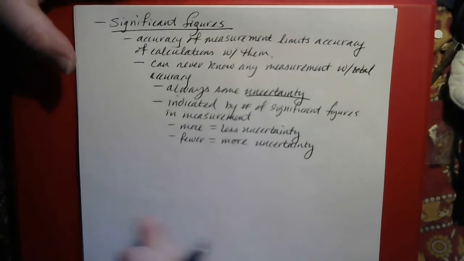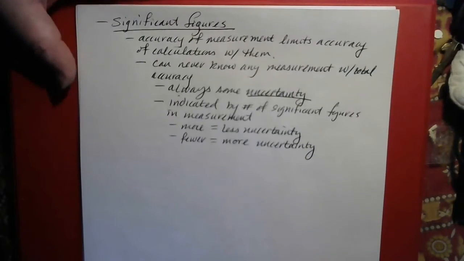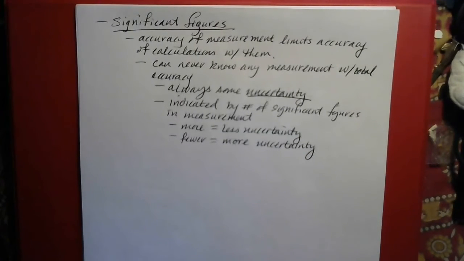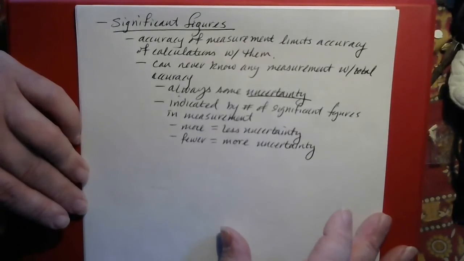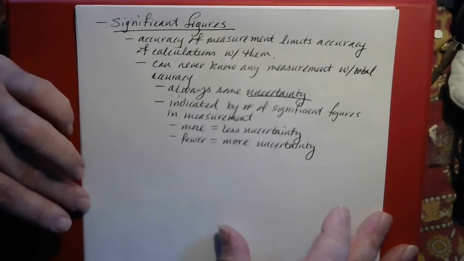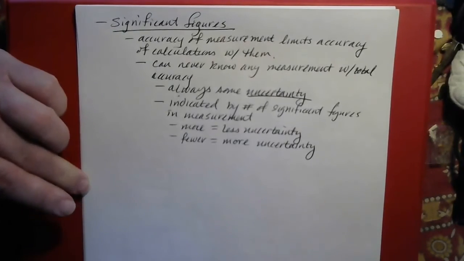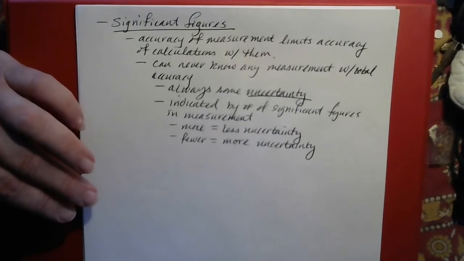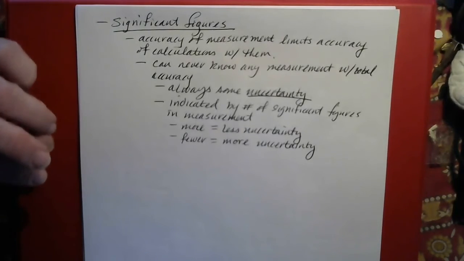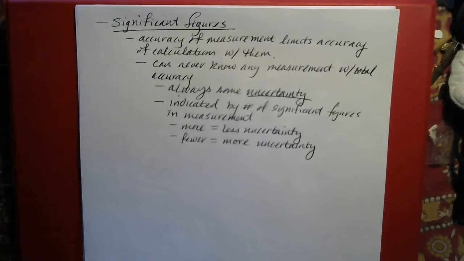If you're measuring something like the width of this paper with a ruler, and you've got a ruler that's marked off only in, say, inches, with no markings in between the inches, then you're going to get a reading for the width of the paper that might have 2 digits in it. You'll be able to say the number of inches, and then maybe you can guess at the tenths of an inch beyond that. But that would be it.